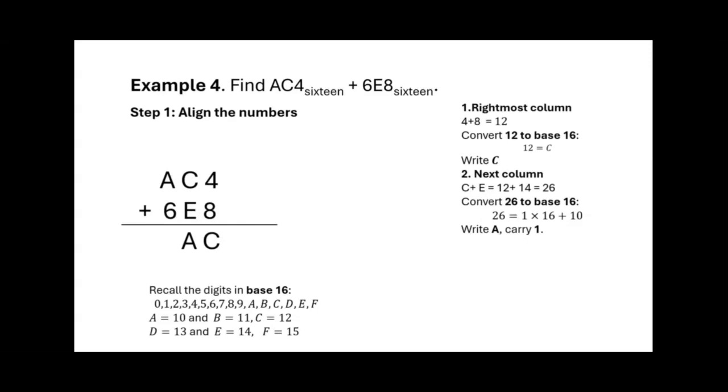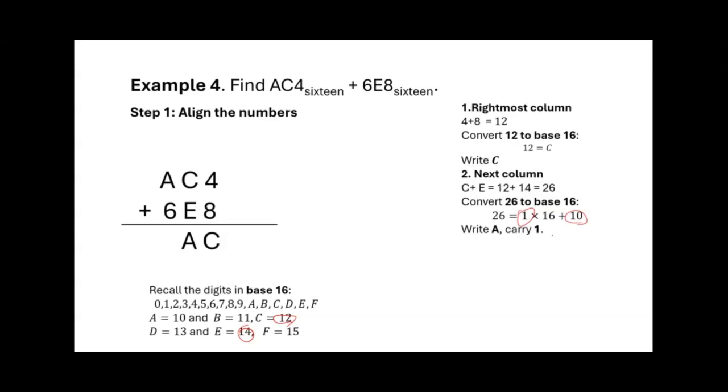In the next column, I have C and E. To add them, I need to return them to base 10. So C represents 12, E represents 14, and if you add 12 plus 14, this is 26. Now I have to convert 26 to base 16, and remember that this is kind of a division. How many times does 16 fit into 26? Only 1, and there's a remainder of 10.